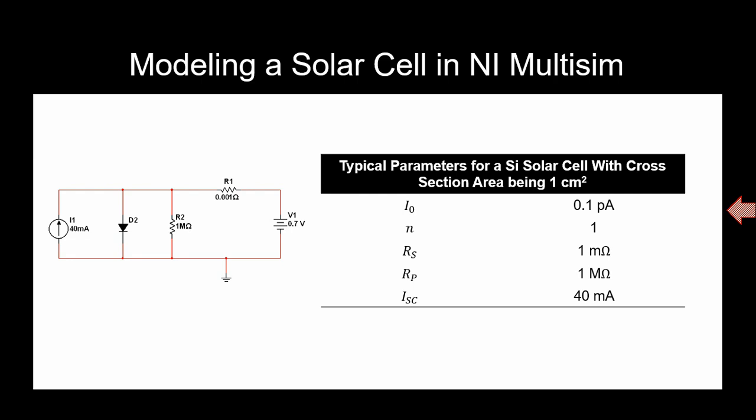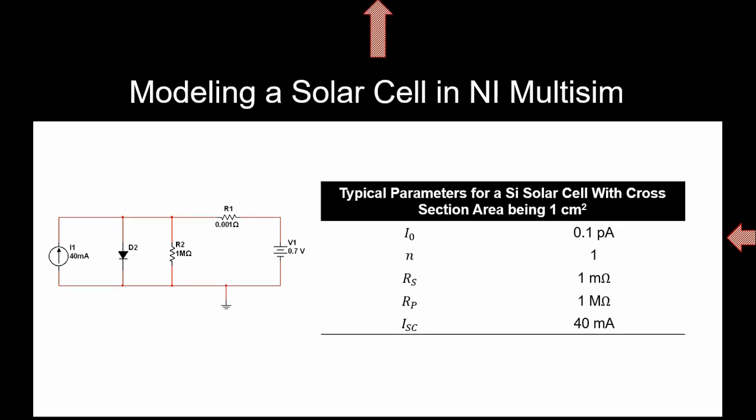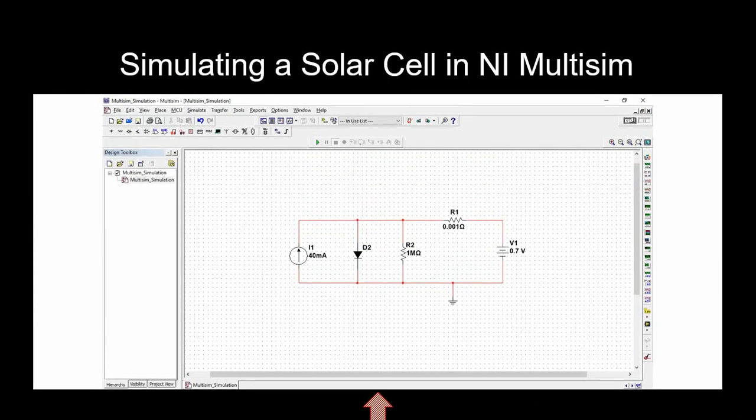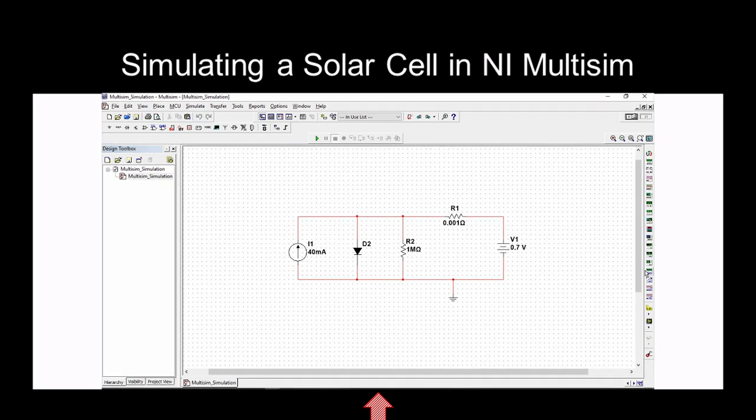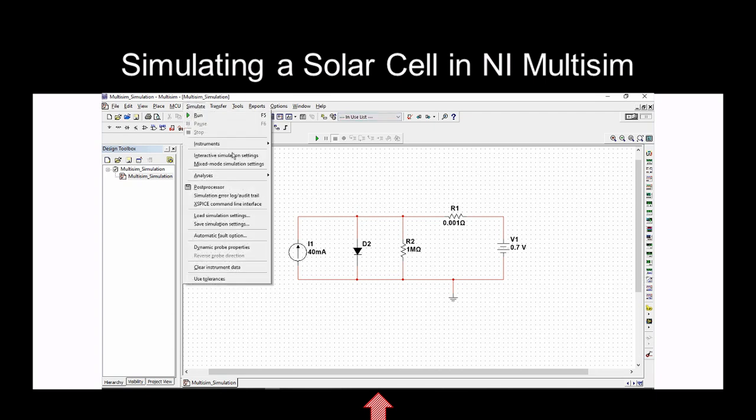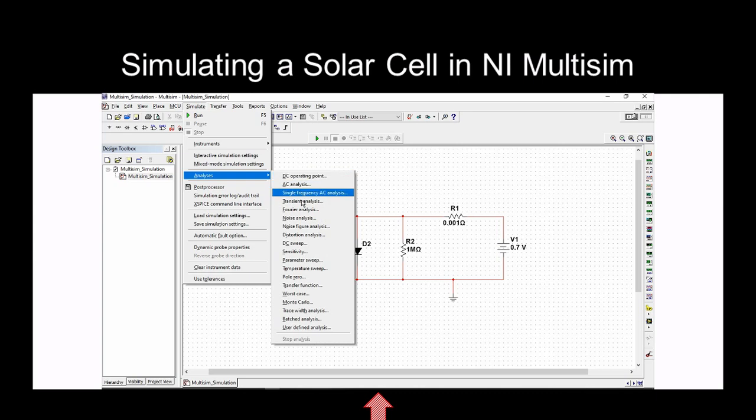With those parameters, we go to Multisim, design our circuit, and this is how our circuit would look. From there, after designing, we can go to simulate, analysis, and there we have DC sweep.